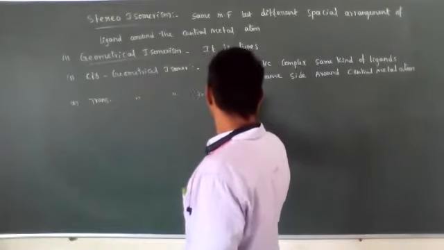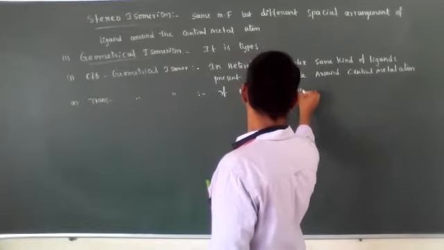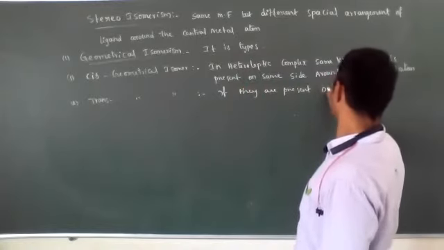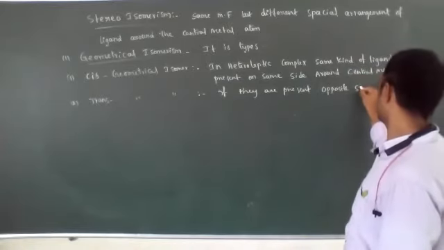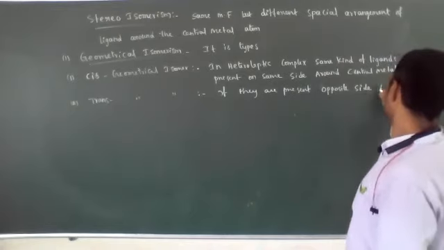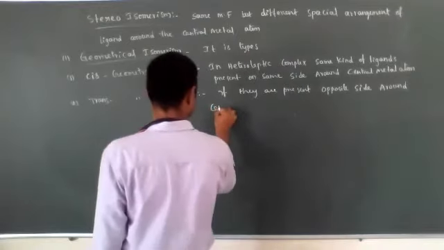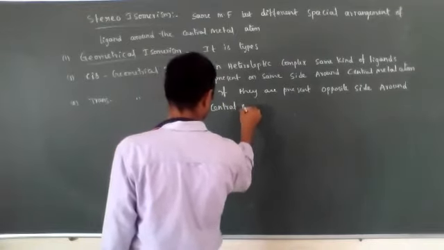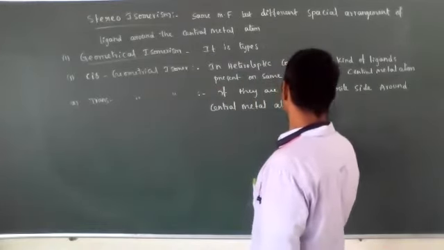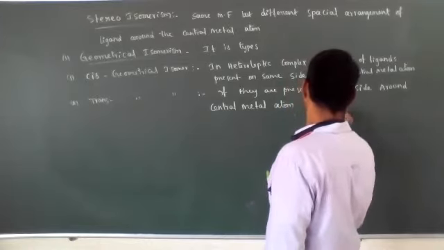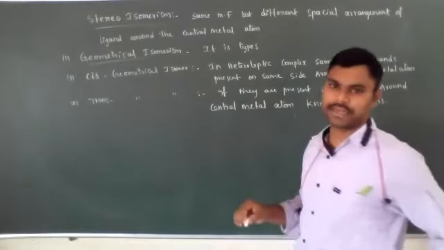If they are present on the opposite side, or in the opposite direction, around the central metal atom, it is known as trans geometrical isomerism.